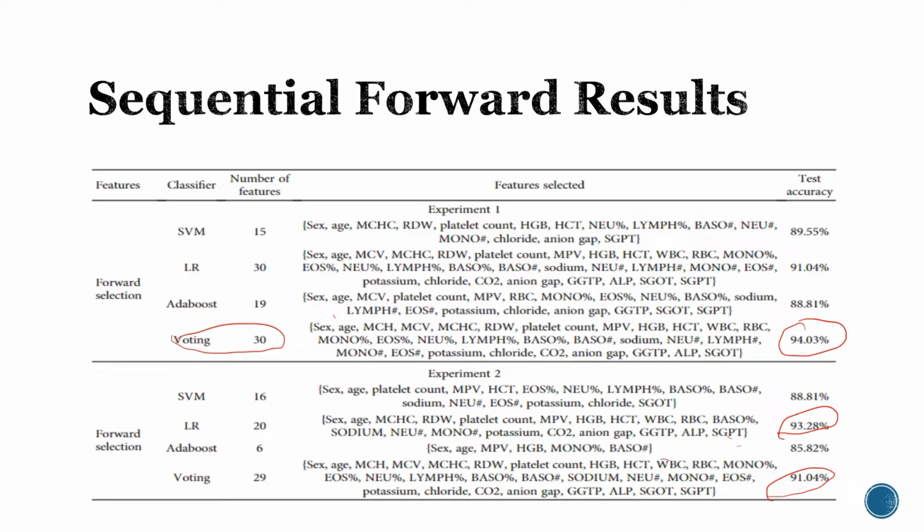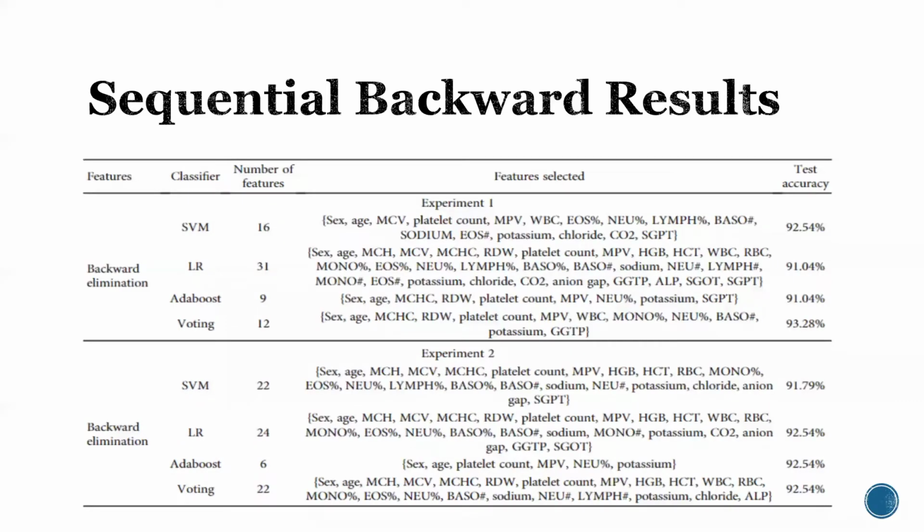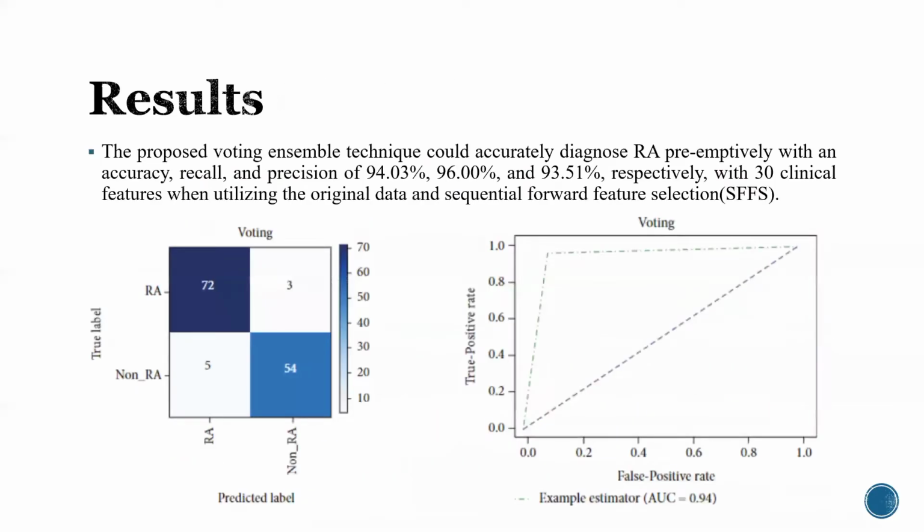So this is in line with the principle of let the data speak. It is when we are not able to get better results with unbalanced data that we move ahead to investigate the balanced one and see that, okay, maybe we're going to get better results. So in summary, the proposed final ensemble model was the one that actually showed the best possible performance, which is 94% accuracy.